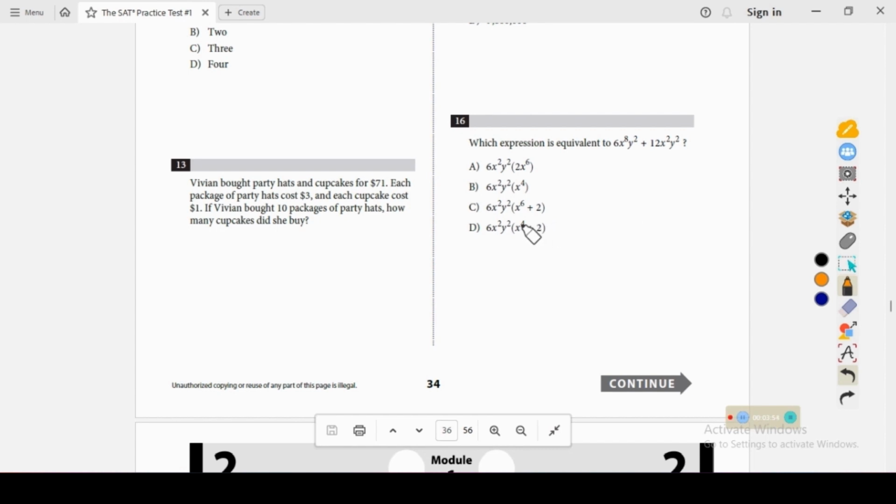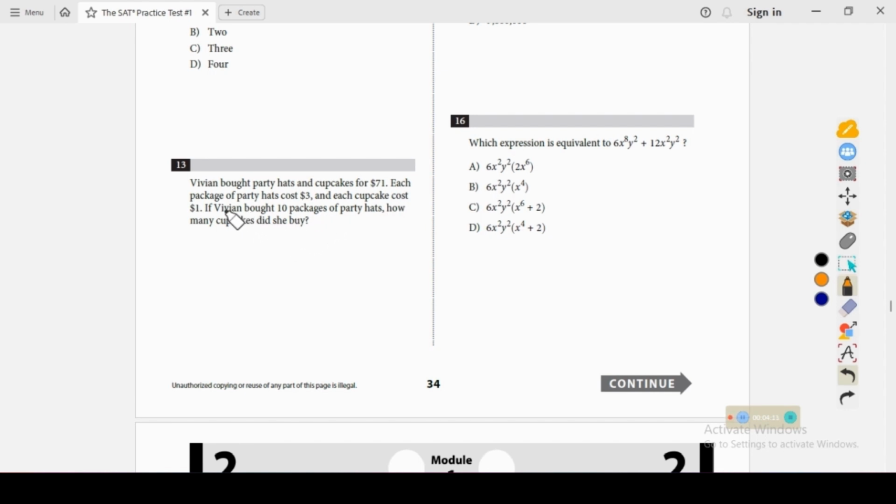In question number 13, Vivaan bought party hats and cupcakes for $71. Each package of party hats costs $3 and each cupcake costs $1. If Vivaan bought 10 packages of party hats, how many cupcakes did she buy?